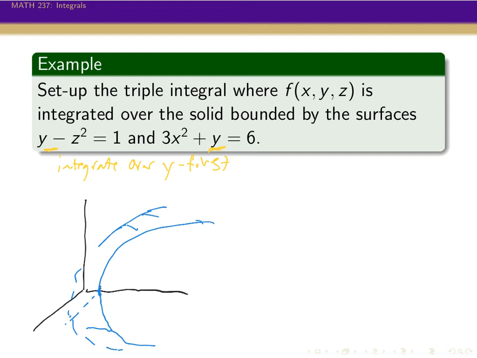On the other hand, we have y plus 3x squared equals 6. And so if we go out 6, this on the xy plane is going to be a parabola going down in the x direction. And so this parabola is going to be going out like this.